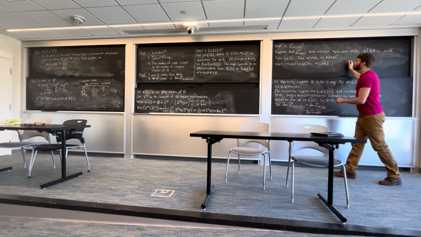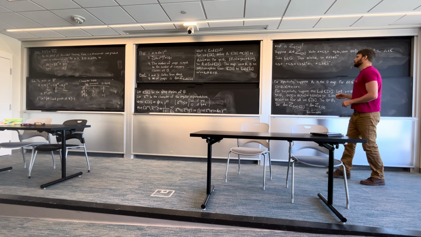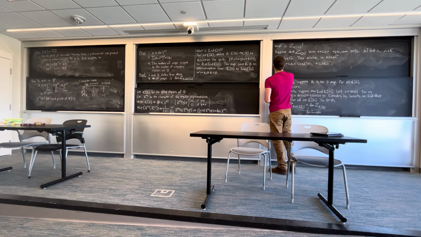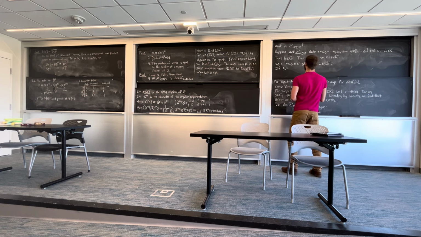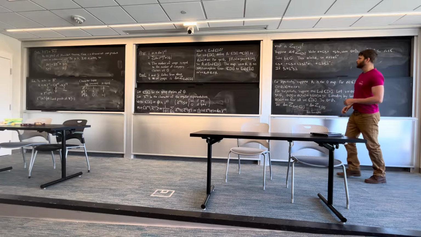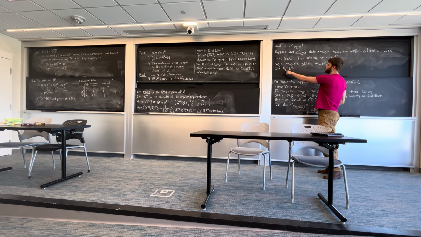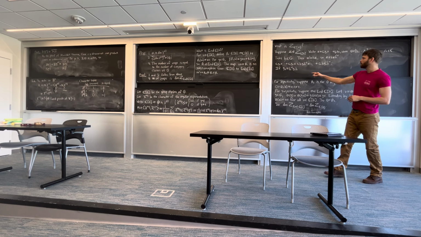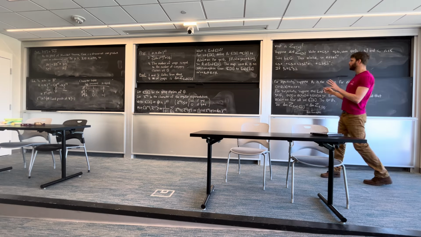So let's say G sub k is equal to H inverse G1 H. Let's just define G sub k to be the element that you get by conjugating G1 by H inverse in this way.